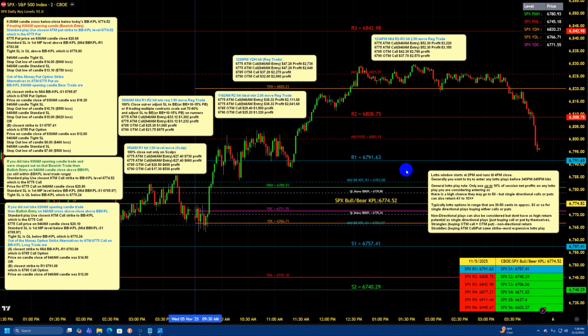Some of you may already be familiar with how this indicator works, but for those who are new to this channel, who have never seen any of our videos on this indicator, I will run through how it works before we get into today's session. This indicator is for the TradingView platform only, and it works on two different SPX symbols.